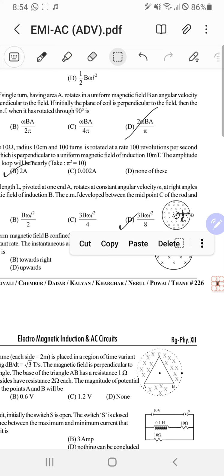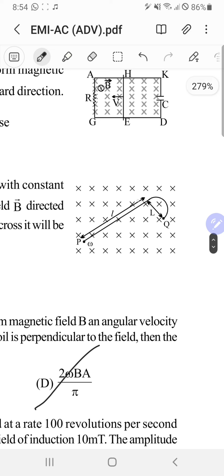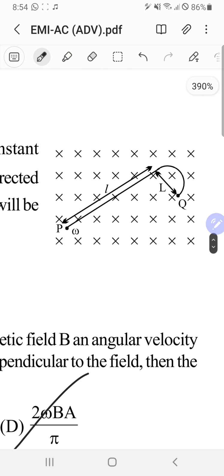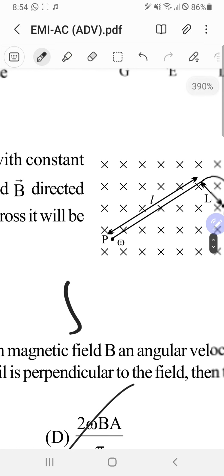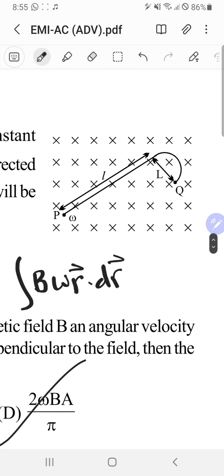And similarly, we want to solve for this one. So over here, once again, it's going to be the same thing, integration of b omega, and this time I'll just use vectors. So r vector dot dr vector. Yeah, that's better. Right, so you want to integrate this thing throughout this path.